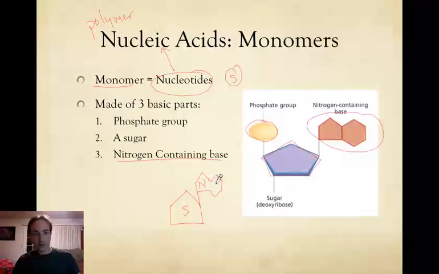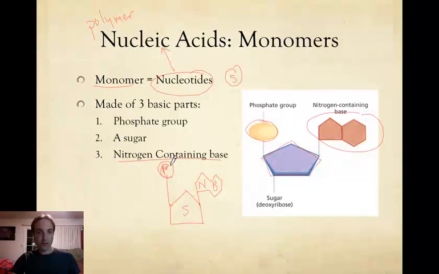This is your nitrogen base. And then coming up over here, you have your sun. Okay, so think of it as a house with a flag and a sun, or maybe it's a balloon, and this is your phosphate. Okay, but make sure you label these. Label them sugar, nitrogen containing base, phosphate group. Write it out, don't just use the symbols. So pause it now and do that if you haven't already.